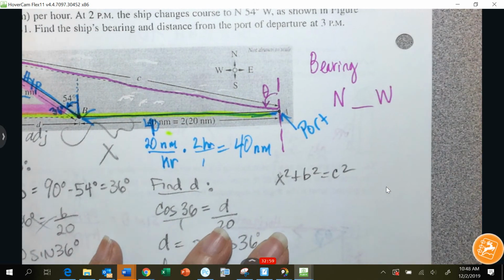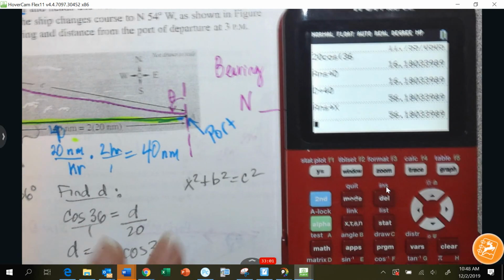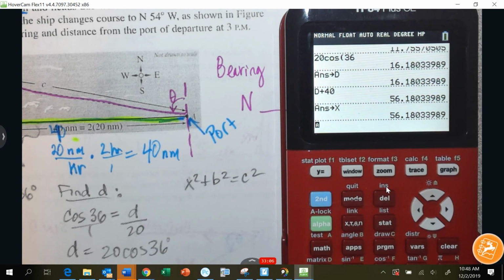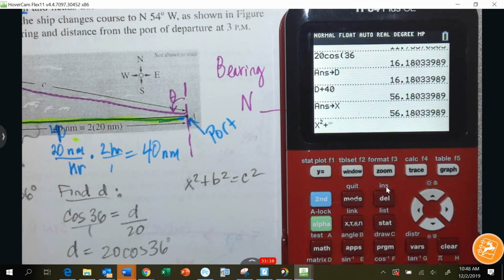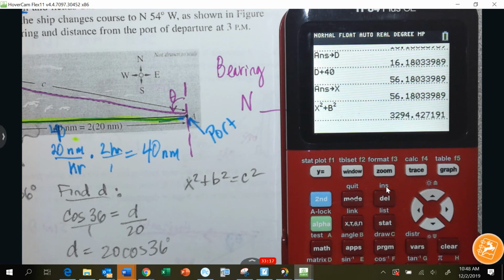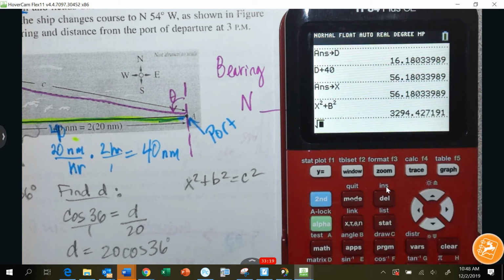Right? So on my calculator, I can bring these things back up again. I can do alpha X squared plus alpha B squared, and then square root that answer. I could have put the square root in to begin with.